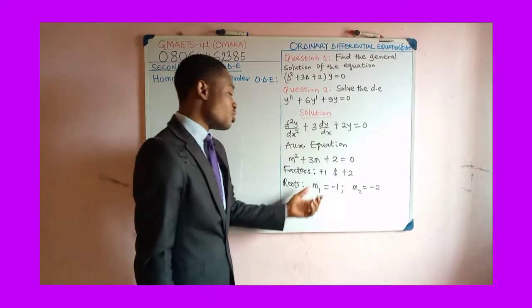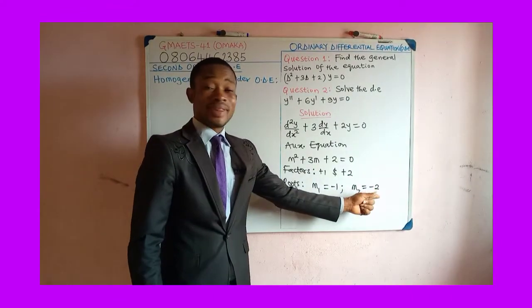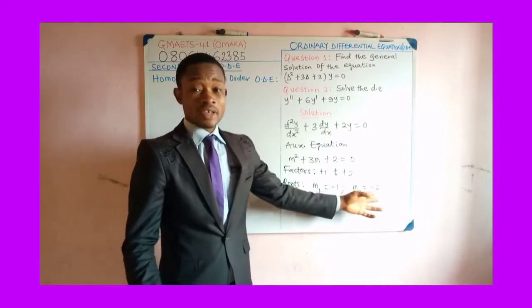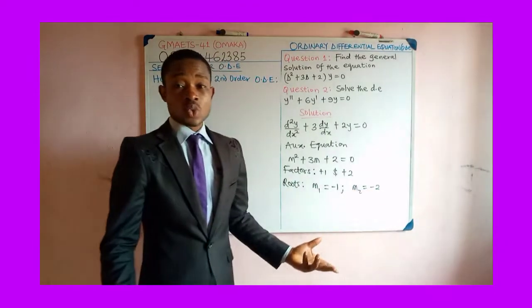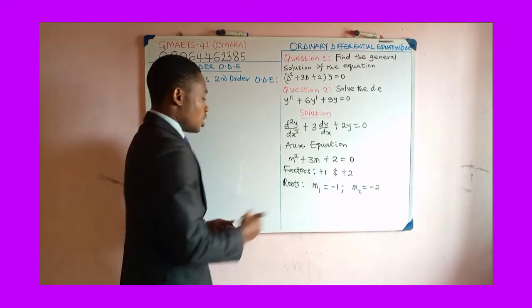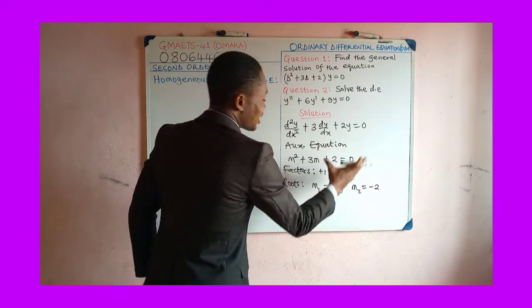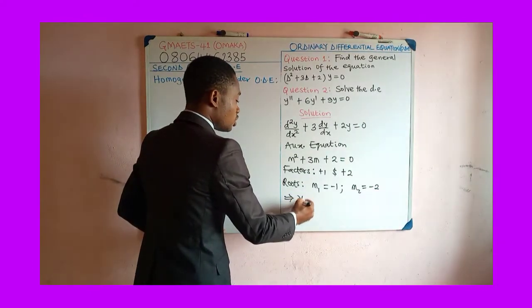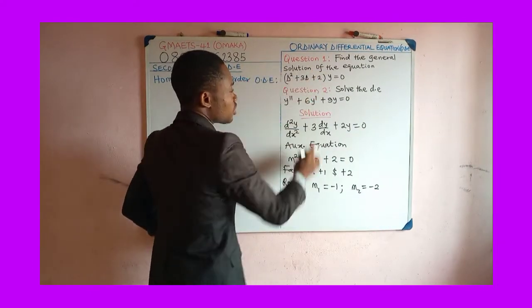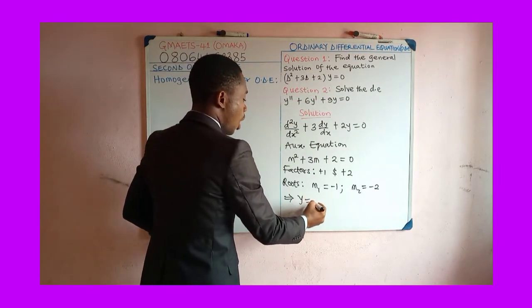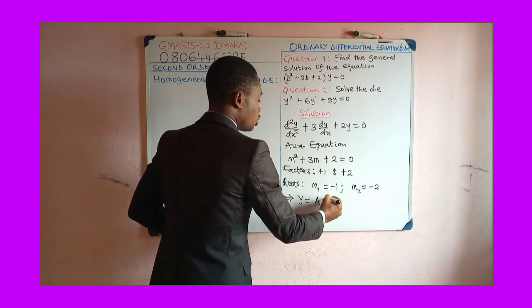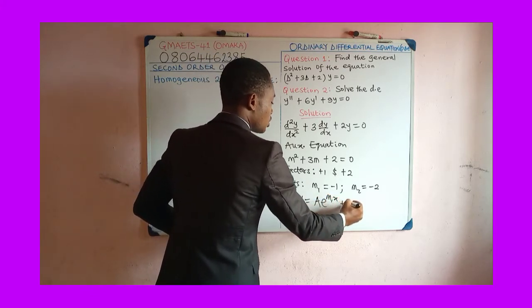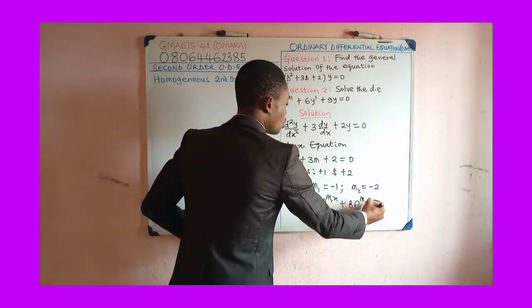Please take note, there is no rule that m1 must be this and m2 must be this. m1 could have been minus 2 and m2 could have been minus 1, alright? You commit no crime. Now, if you look at these roots, these are real and unequal roots. It implies that the general solution to this homogeneous second order ordinary differential equation will be y equal to a exponential m1x plus b exponential m2x.